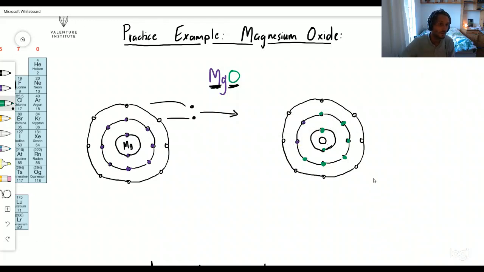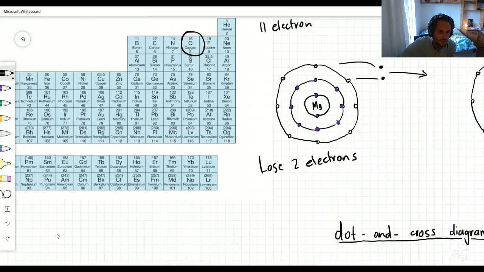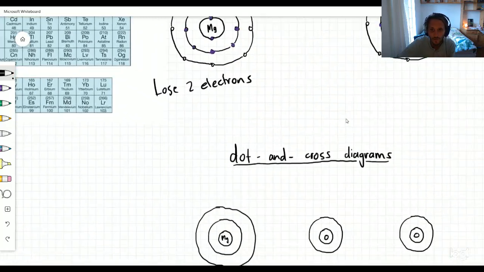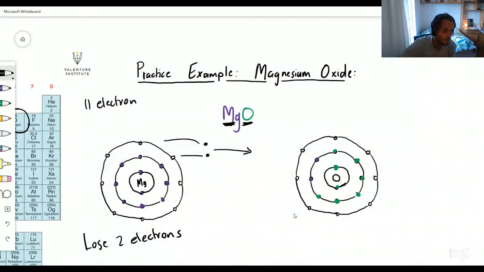So remember, magnesium loses 2 electrons. Let's double check how many it started with. It was 12, my apologies. So we've got 12 electrons and 12 protons initially.